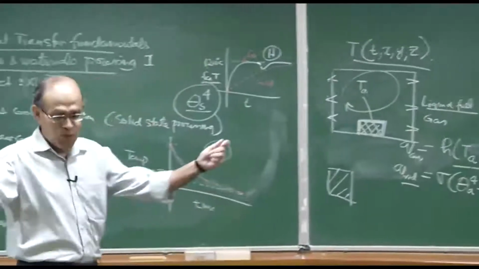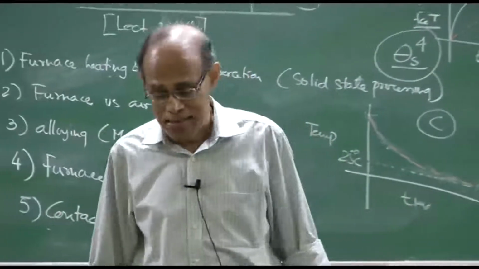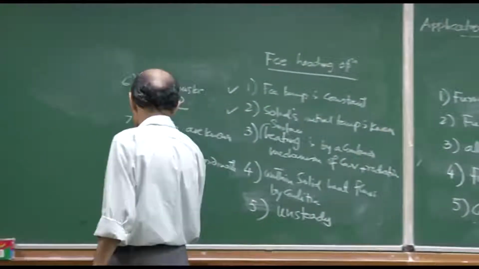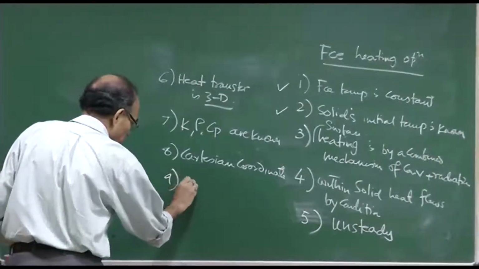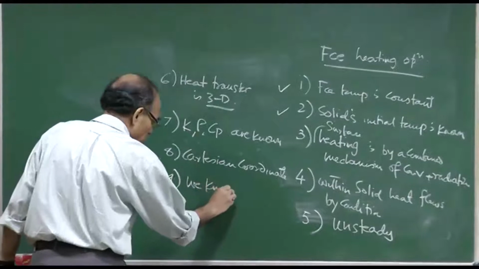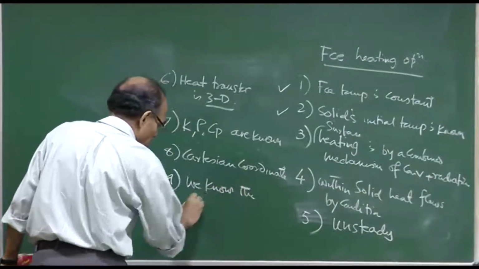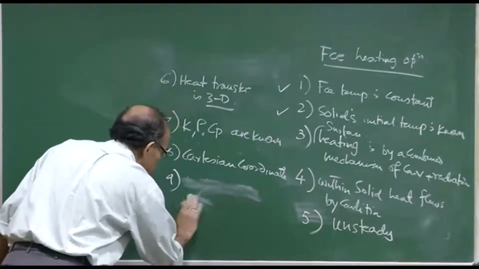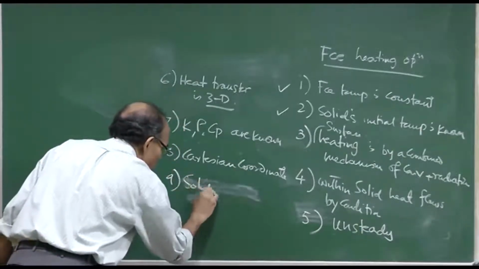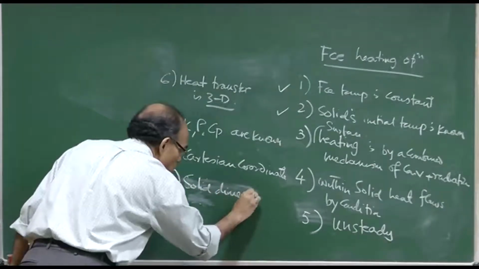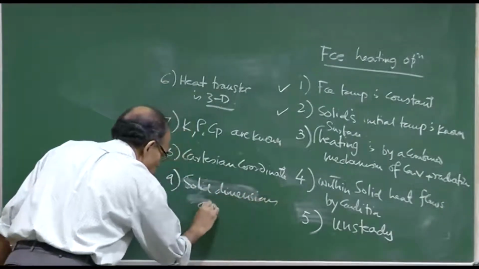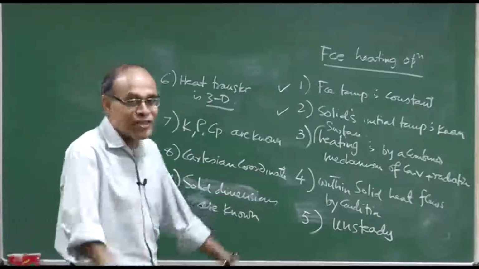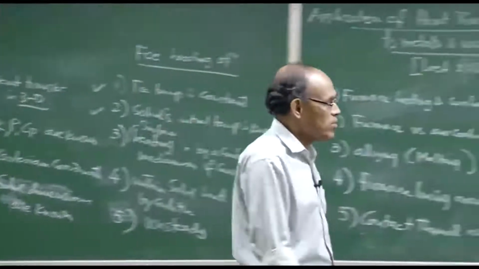Of course, the span of the x, y, z coordinates has to be known, that means the dimensions of the solid object are given. Solid dimensions are known means the domain of interest is known.